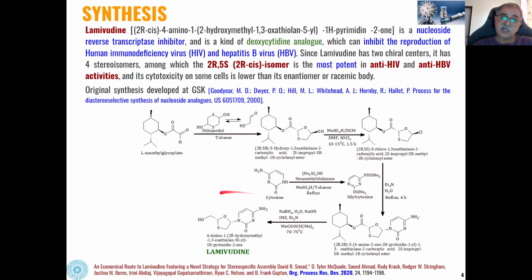This antiviral agent is used to inhibit the reproduction of HIV virus and hepatitis B virus. It is effective against both of these viruses, HIV as well as HBV, that is hepatitis B virus.